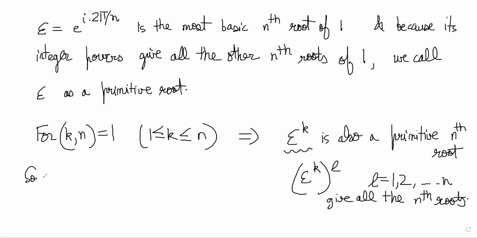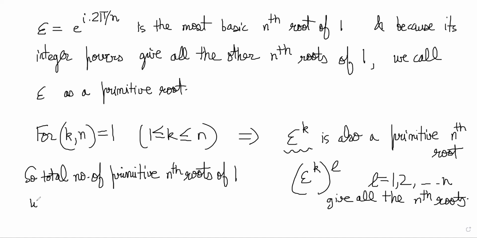So the total number of primitive nth roots of 1 will be all numbers that are co-prime to n, right? Any number less than n which is co-prime to n, which is basically Euler's totient function. These are the number of primitive roots that you will find, right?